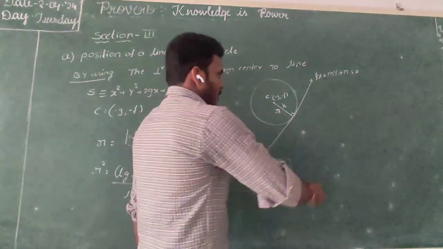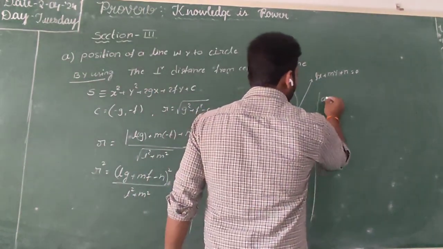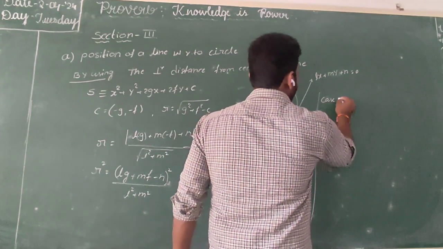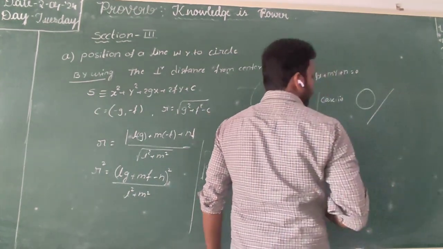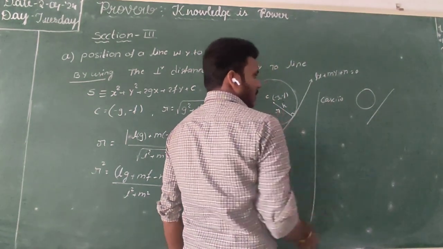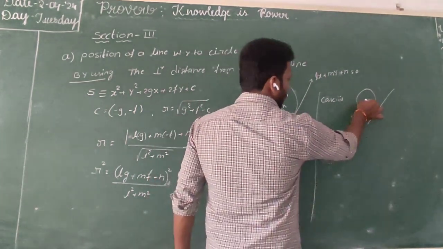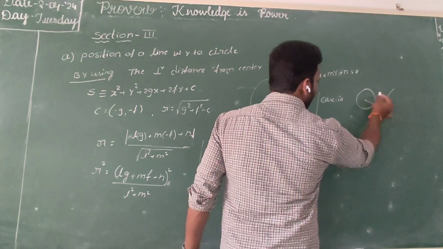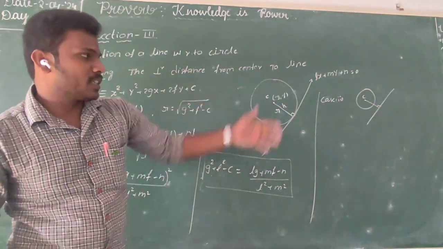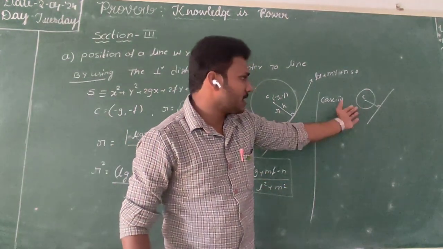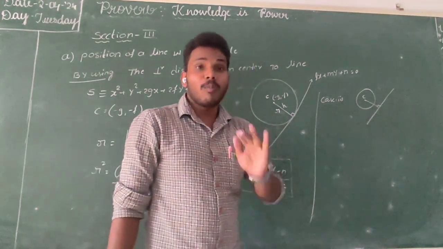Suppose case 2: if the line does not touch the circle, then the distance from the center to the line is more than the radius. If the line does not touch the circle, definitely the distance is more than the radius.